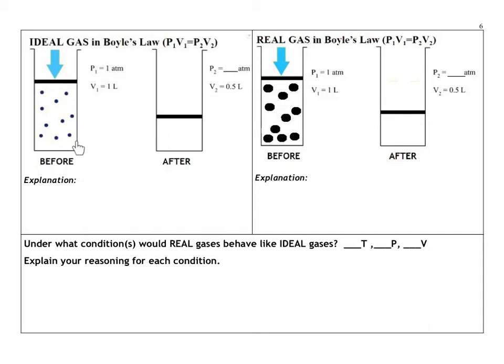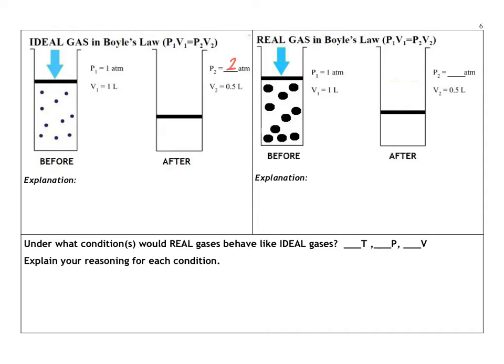And so if you take a look at the volume, you will see the container size is going to be halved. We would expect volume and pressure to be inversely related. So thus, if I halve the volume, I would be doubling the pressure. In doing so, we're going to represent the same number of moles of gas.